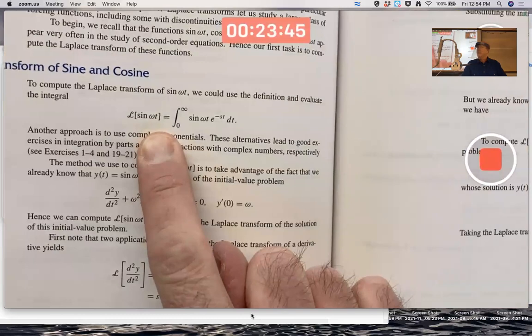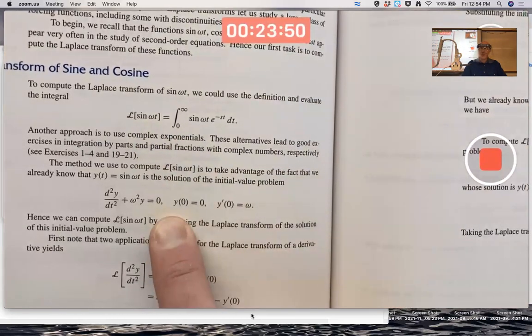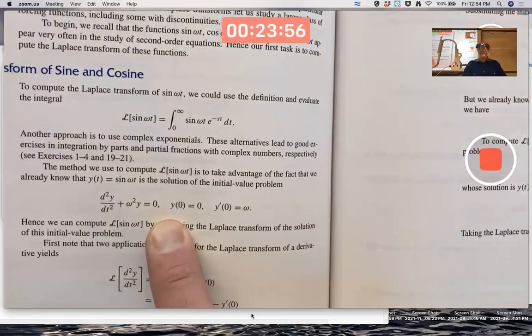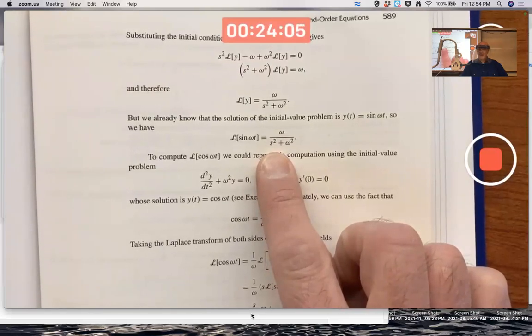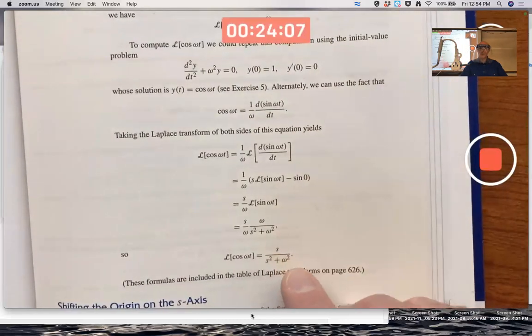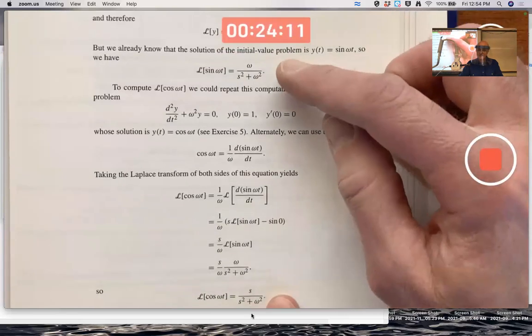Actually, they derive it not by doing this integral, but by solving this initial value problem whose unique solution is sine of omega t. And they find ultimately that the Laplace transform of sine of omega t is omega over s squared plus omega squared. And they also find the Laplace transform of cosine of omega t to be s over s squared plus omega squared. Pretty similar answers.